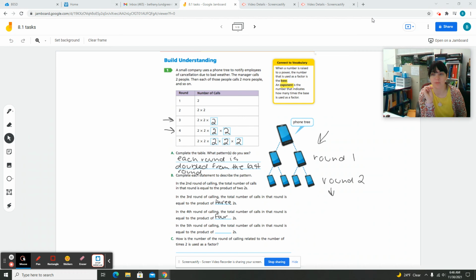The third round, 2 is multiplied 3 times, and so on. So the round is how many times 2 is multiplied.